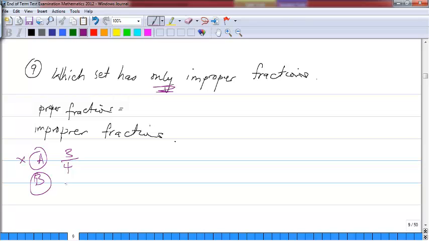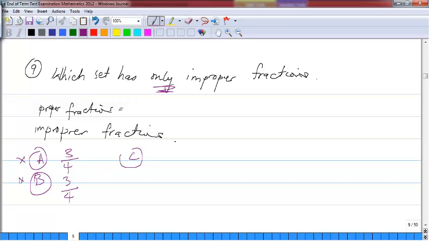Let's look at B. B has 3/4 again, making it a proper fraction. So B can't be right because it has 3/4 in there being proper. It has 5/7 as proper, 2/5 as proper, and 7/10 as proper. So all of B would be proper fractions.